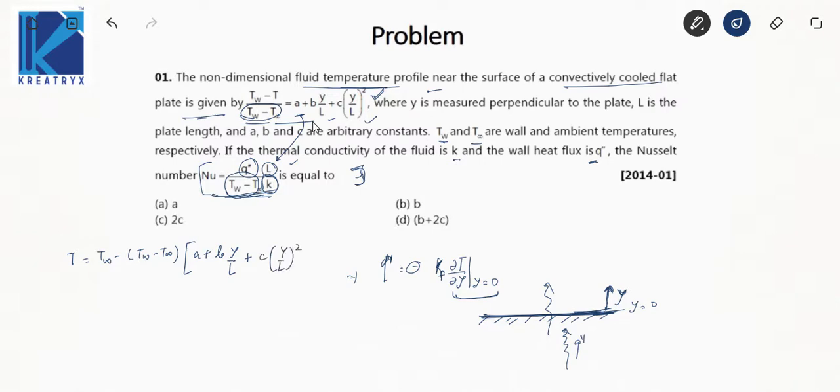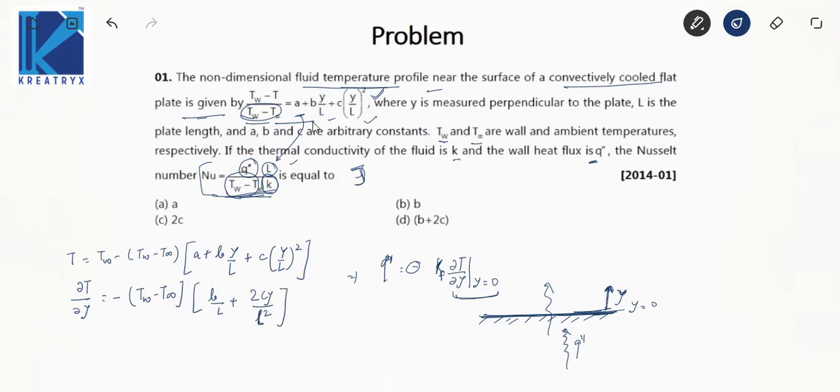Now I'm differentiating with partial differentiation with respect to y, which gives me this, divided by L square, capital L square.